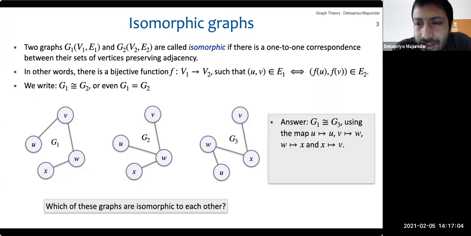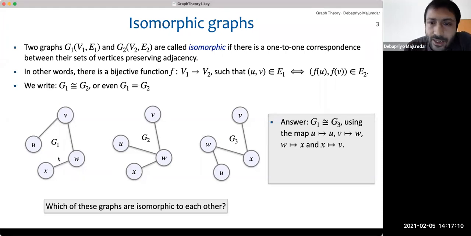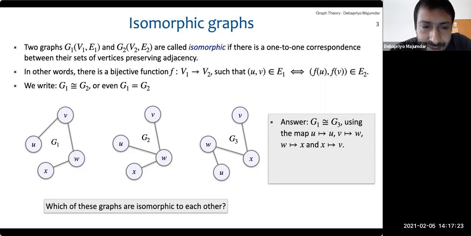Now, this map I have written here may be a little bit different from what Shamrita said. In this case, U maps to U, V maps to W, W maps to X, and X maps to V. It doesn't really matter. Why is this preserving the adjacency?